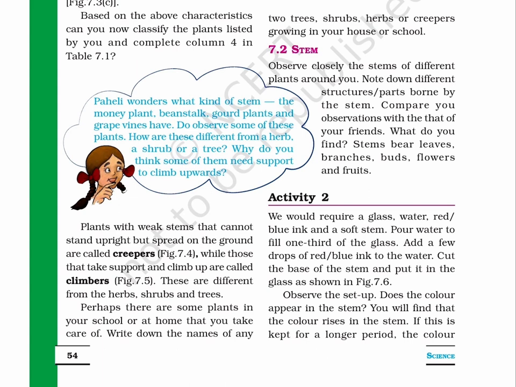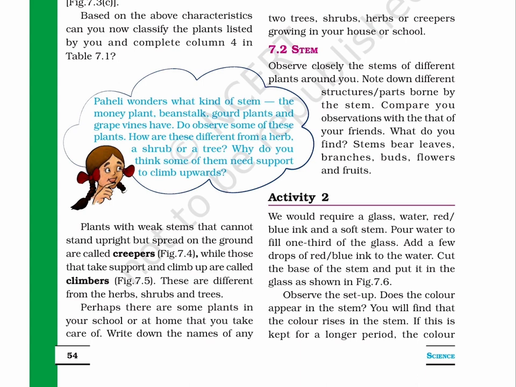Plants with weak stems that cannot stand upright but spread on the ground are called creepers. Figure 7.4. While those that take support and climb up are called climbers. Figure 7.5. These are different from the herbs, shrubs and trees.